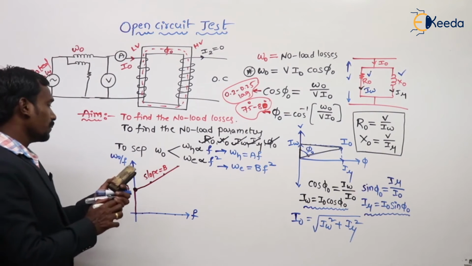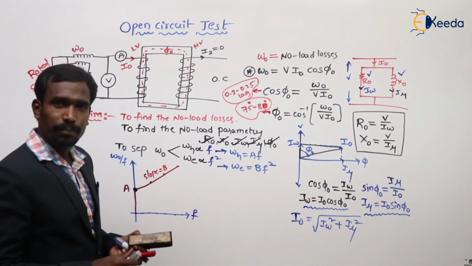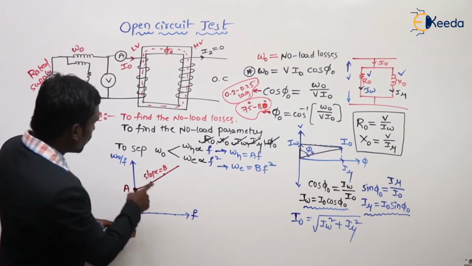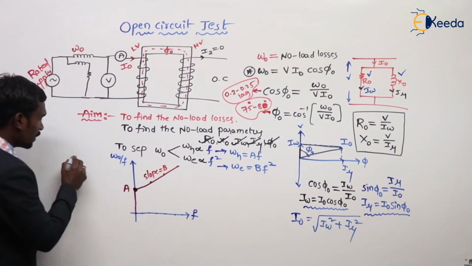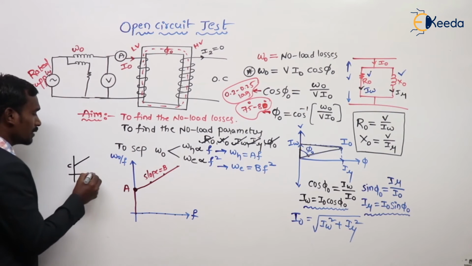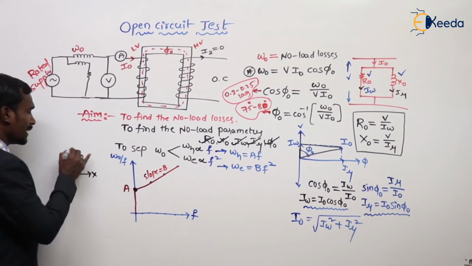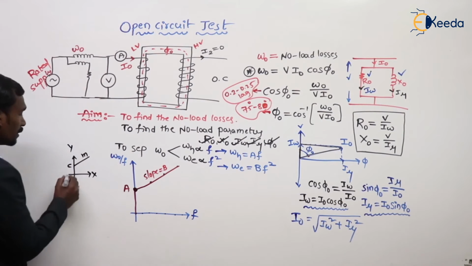For example, I assumed this is some constant a and it is the line with slope b. What is the formula for this one? When the line is like this, this is the x-axis and this is the y-axis and this is a slope m, then what is the formula?